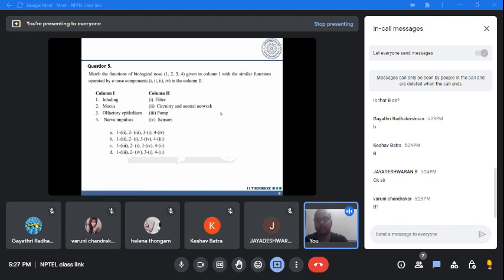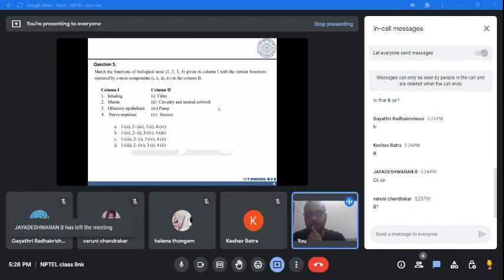Here, match the function of biological nose given in column 1 with the similar function operated by e-nose component in column 2. Okay, here the biological nose, what we have in our human system, is the nose and mouth from where we inhale aroma or smell, whether bad smell or good smell.